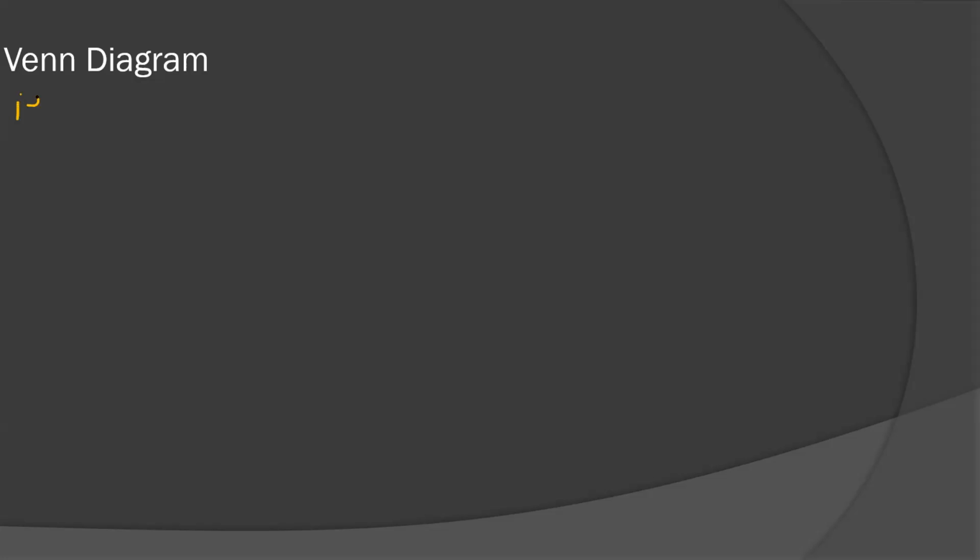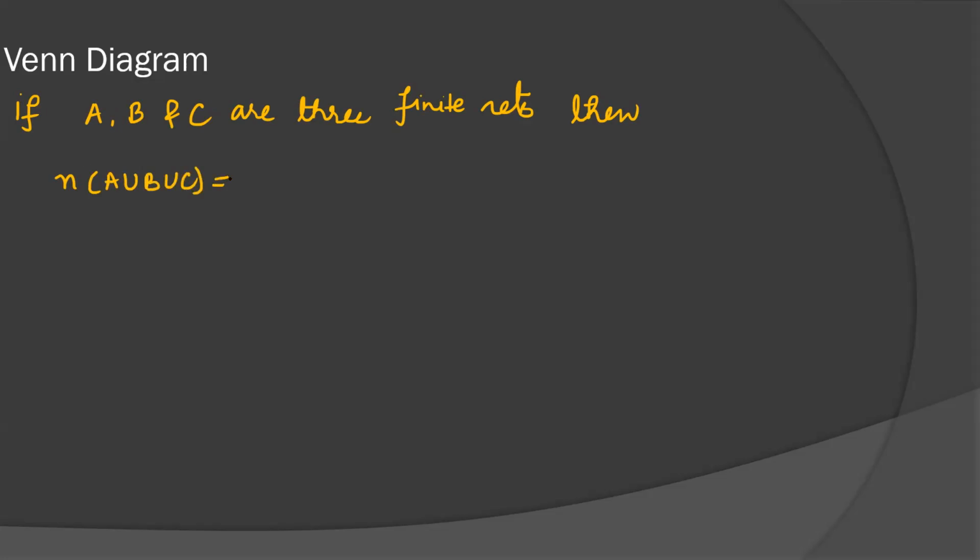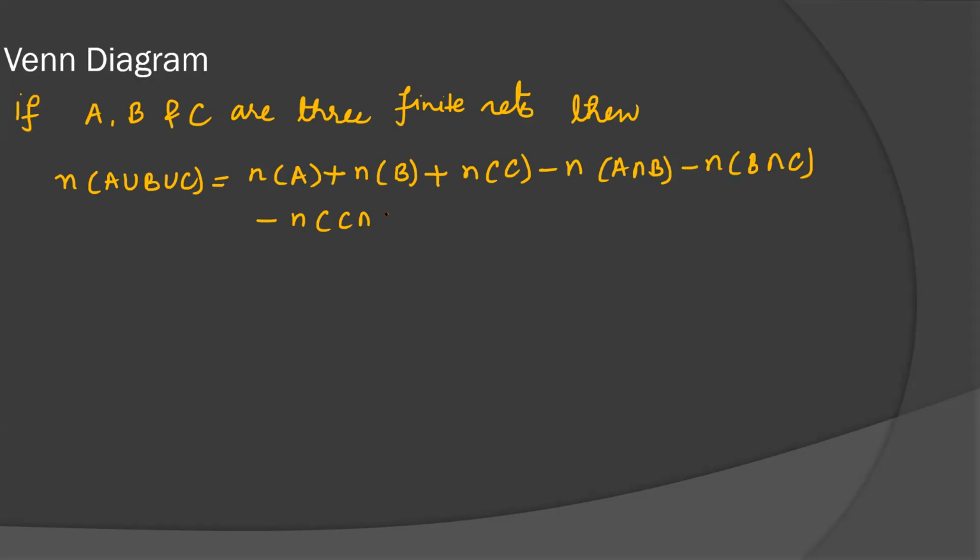If A, B and C are 3 finite sets, then the number of elements in A union B union C is equal to the number of elements in A plus the number of elements in B plus the number of elements in C, minus the number of elements in A intersection B, minus the number of elements in B intersection C, minus the number of elements in C intersection A, plus the number of elements in A intersection B intersection C. This is for 3 sets.